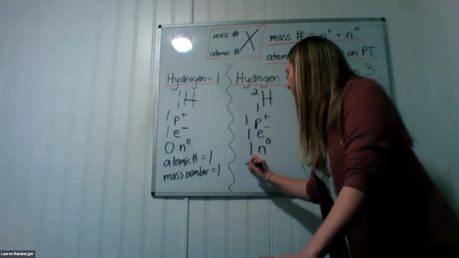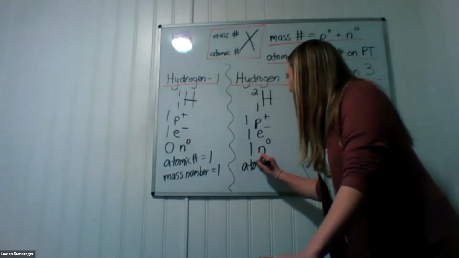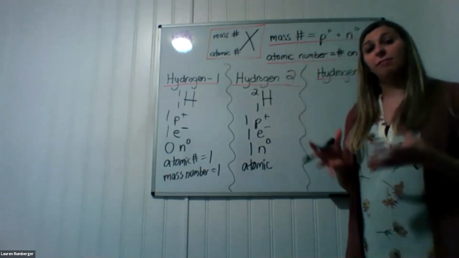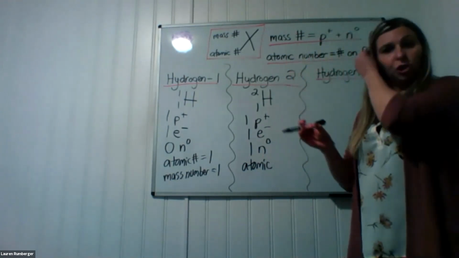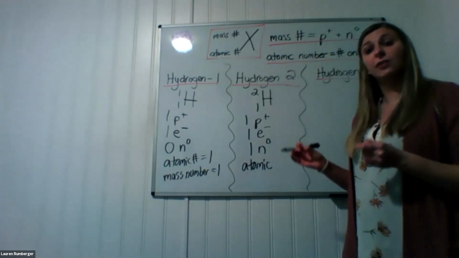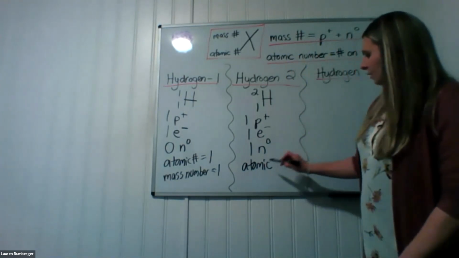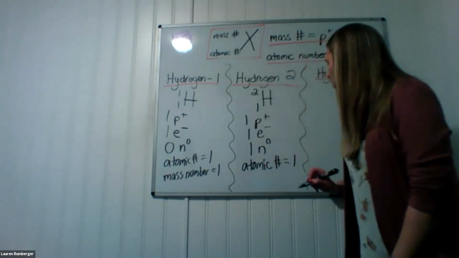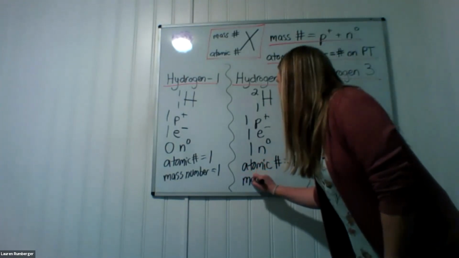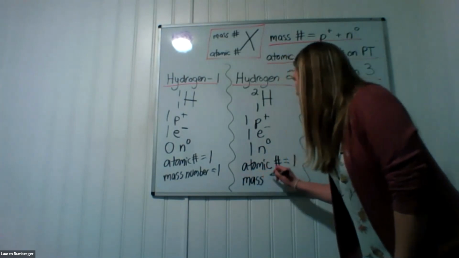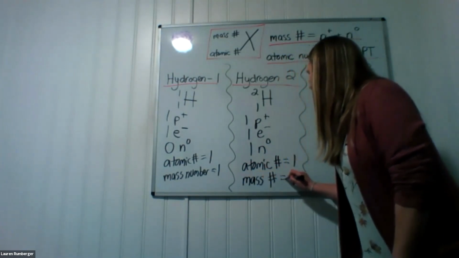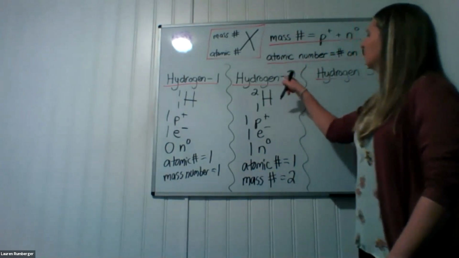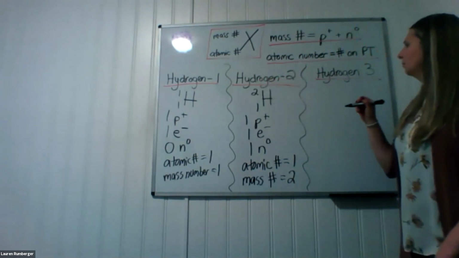This isotope has the same atomic number. The atomic number defines the element. When you change the atomic number, it's no longer the same element. So the atomic number for hydrogen is 1. The mass number for this particular isotope of hydrogen is 2. So the name is hydrogen-2.